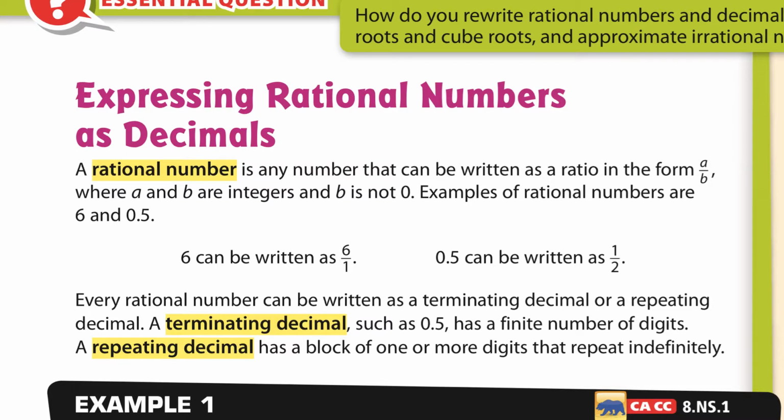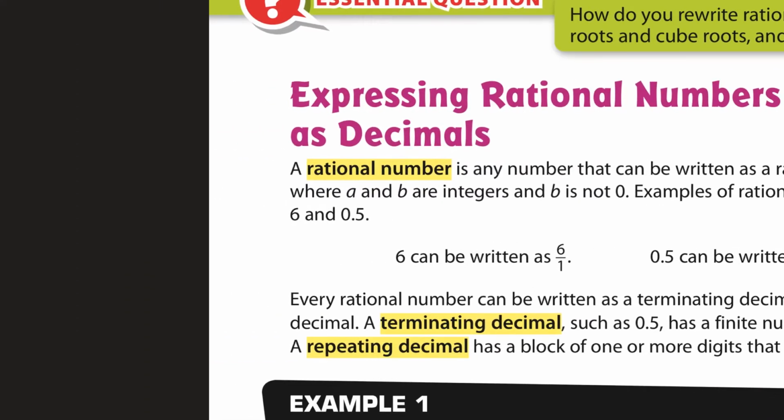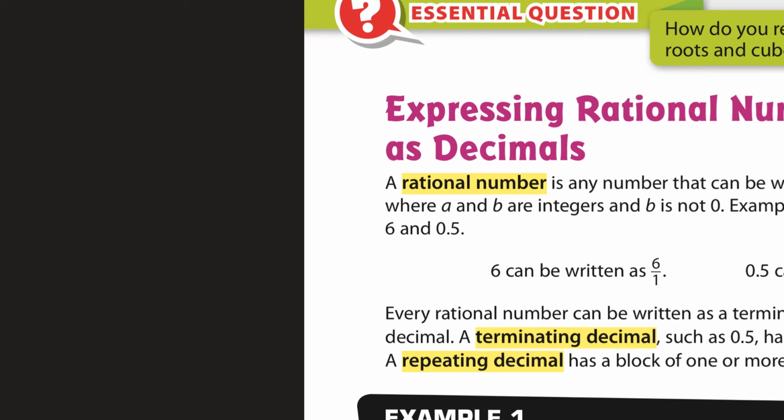Integers, if you remember, are the positive and negative whole numbers, such as if I have a line here, 0, 1, 2, -1, -2, these are integers.